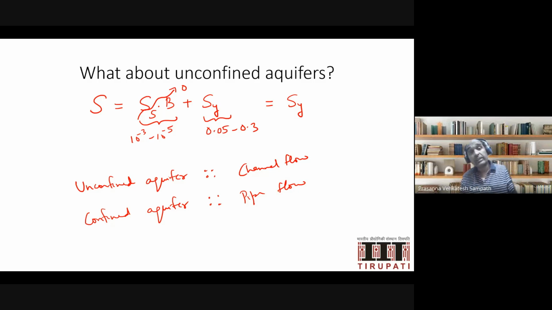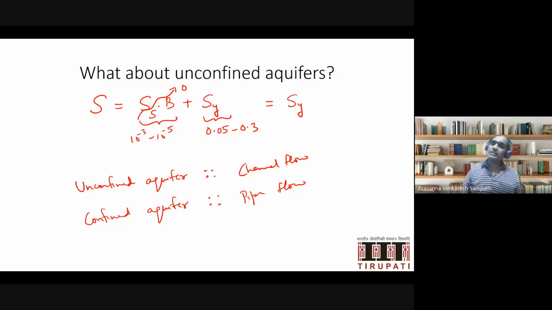Whereas in the case of the confined aquifer, the potentiometric surface is somewhere, right? The water is kept under pressure, and the potentiometric surface is way above the top of the confined aquifer, right? So the drainage by gravity cannot happen in the case of the confined aquifer, right?